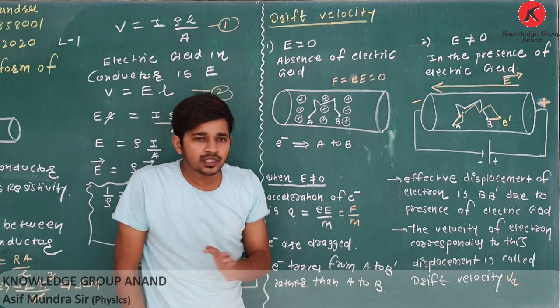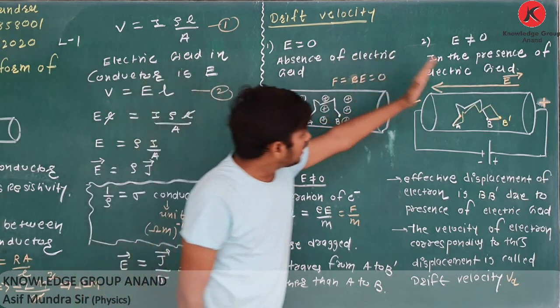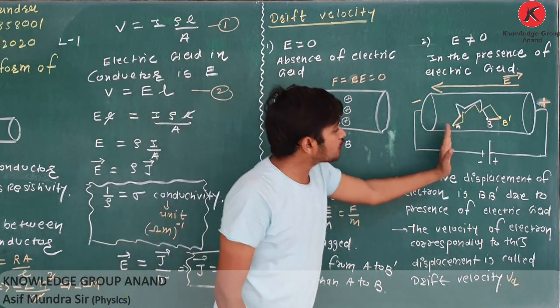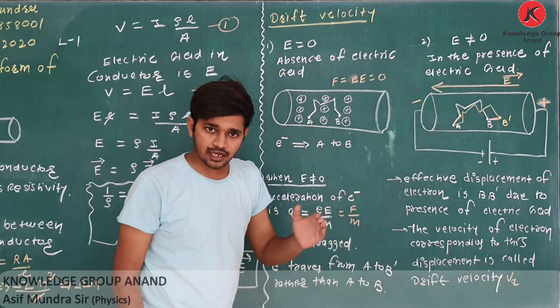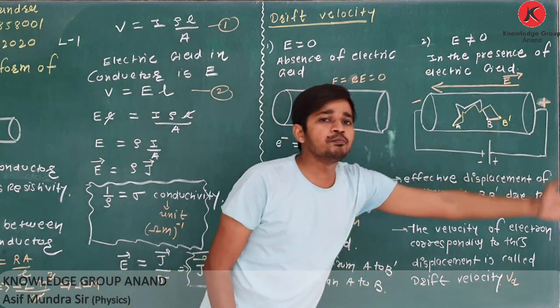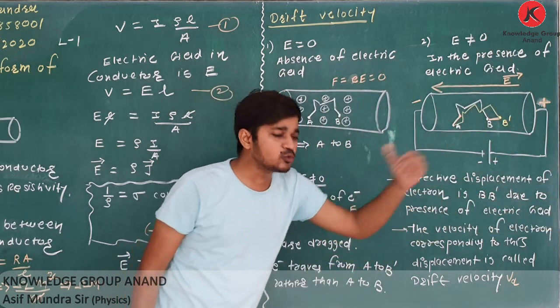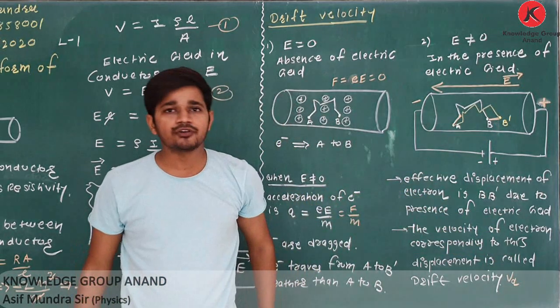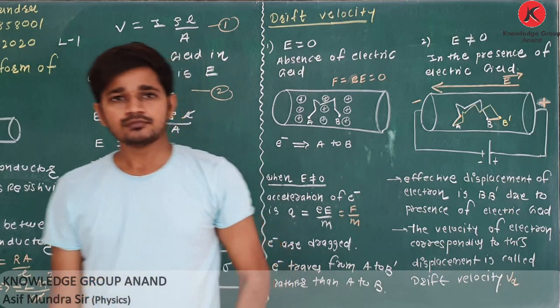Clear about this? Electric field zero, electric field not zero, moving from A to B, moving from A to B dash. Not B to B dash, some more distance. So there is some net displacement and velocity related to it. It is called drift velocity.